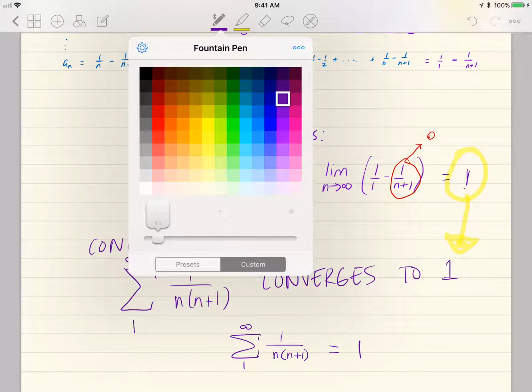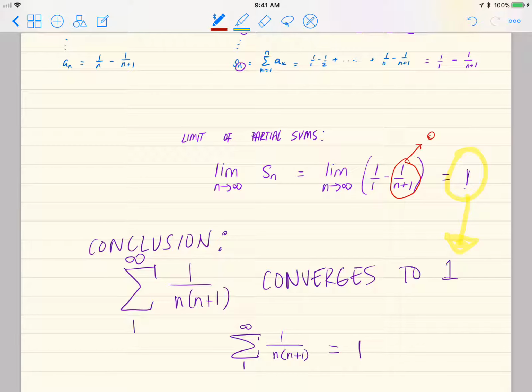I kind of want to point out, this is the last thing I want to point out in this video. Notice that I did not write n equals 1 to infinity, right? The reason why I didn't do that is because it's understood.